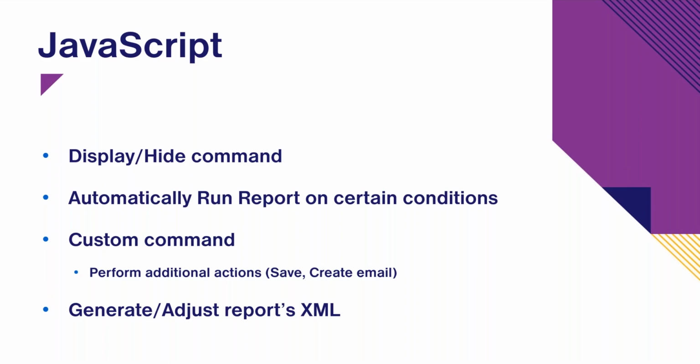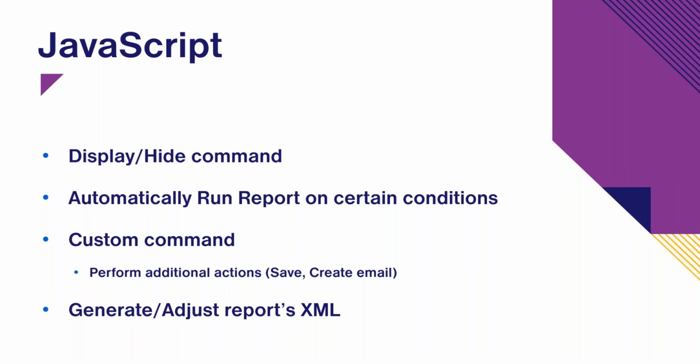Or you can create a custom command for a user that will not only run the report, but also add some additional actions, like directly saving the report under a specific name, or creating an email and adding it as an attachment, ready to be sent to the customer.